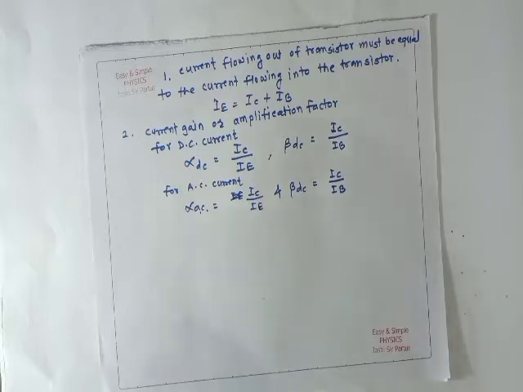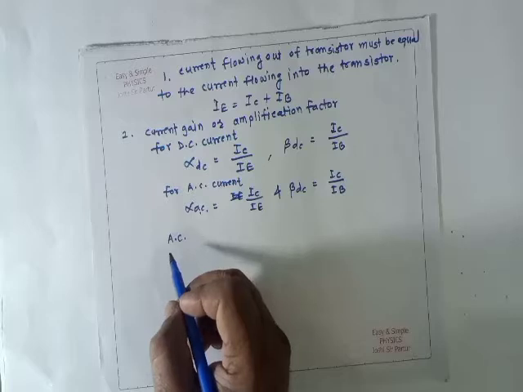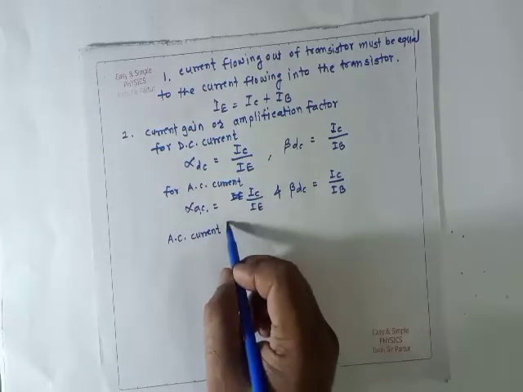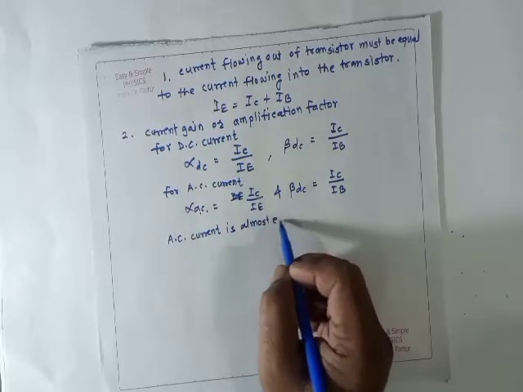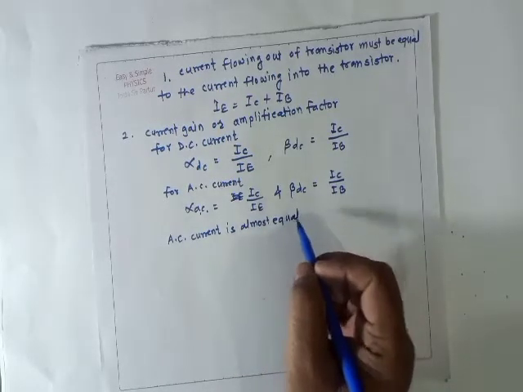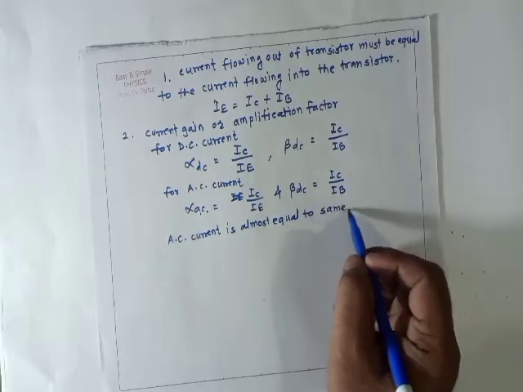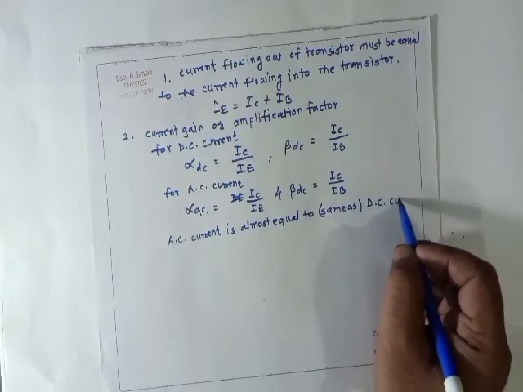So we say that the AC current gain is almost equal to, or same as, the DC current gain.